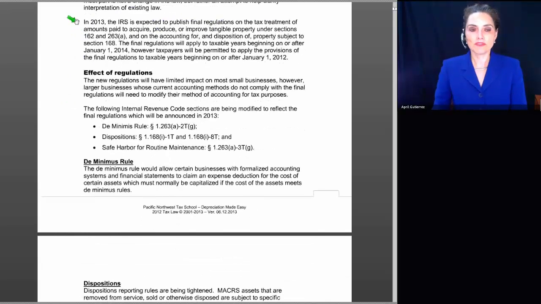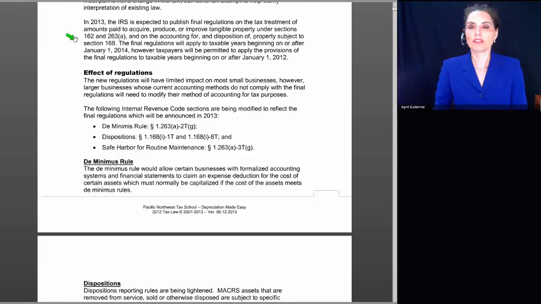In 2013, the IRS has said it is expected to publish final regulations on the tax treatment of amounts paid to acquire, produce, or improve tangible property under Sections 162 and 263A, and on the accounting for and disposition of property subject to Section 168.